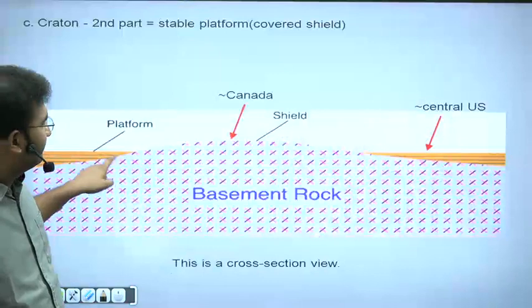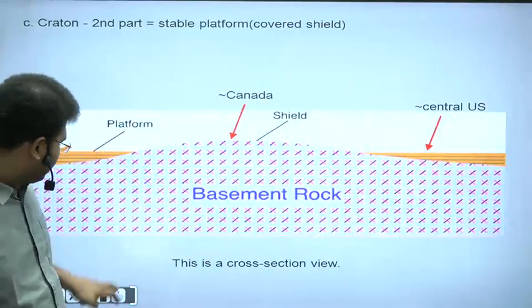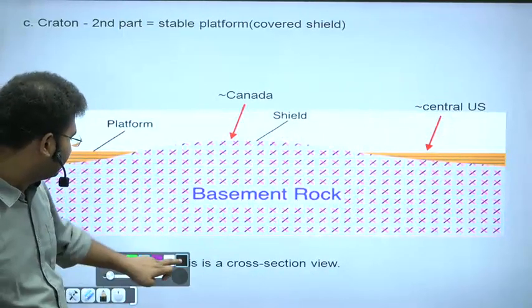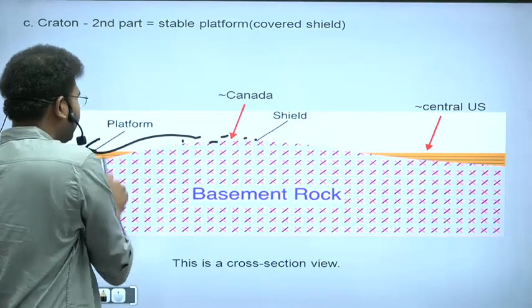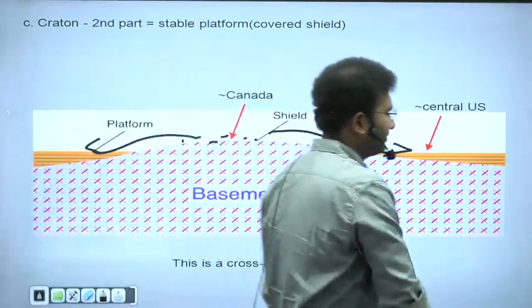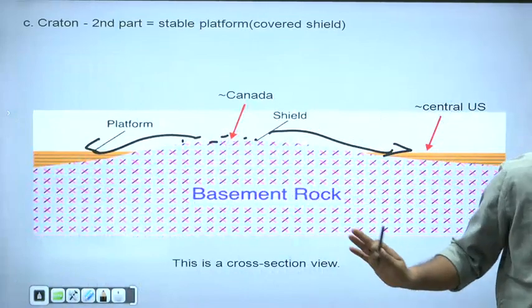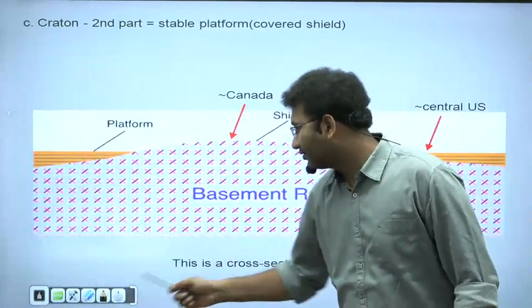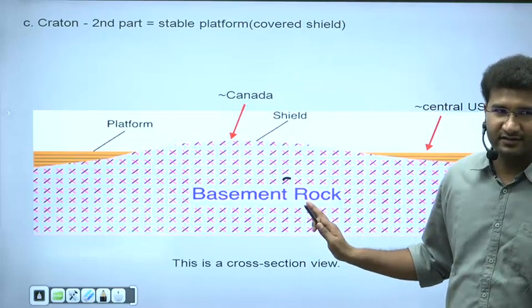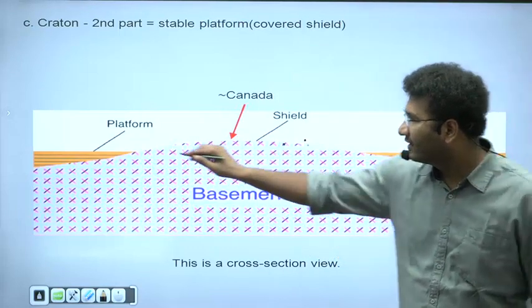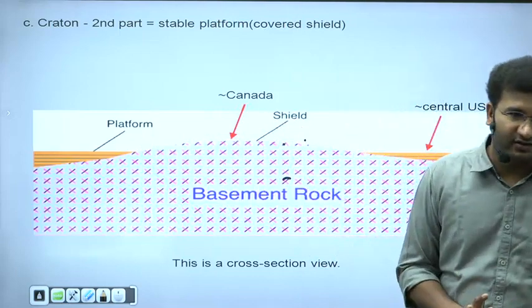What is this? Platform. How did this platform form? The erosions which happened on the shield got deposited here. ठीक है? So the original rock is this. Basement rock कहा जाता है. Shield and platform together we call a craton.